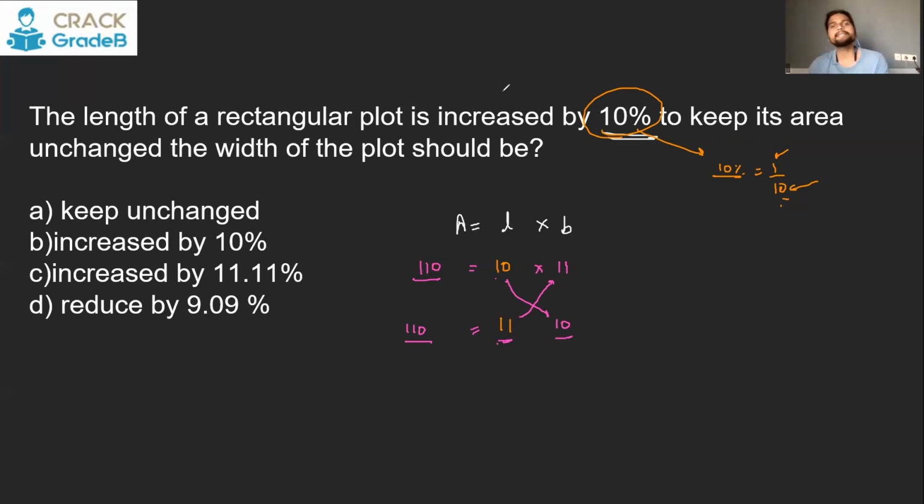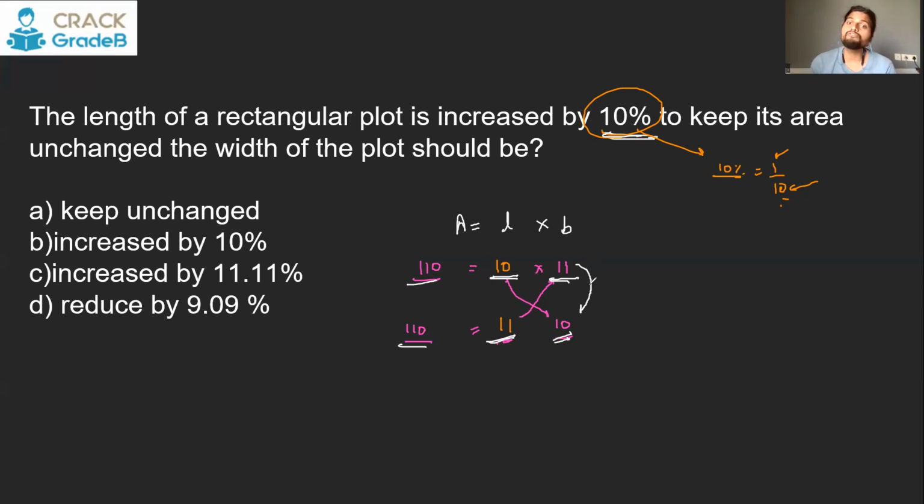So you don't have to think much about these types of questions. Once you realize 10% increasing length means length goes from 10 to 11, that means the breadth has to go from 11 to 10. If this is going from 10 to 11, this has to go from 11 to 10. That is what keeping area constant means.